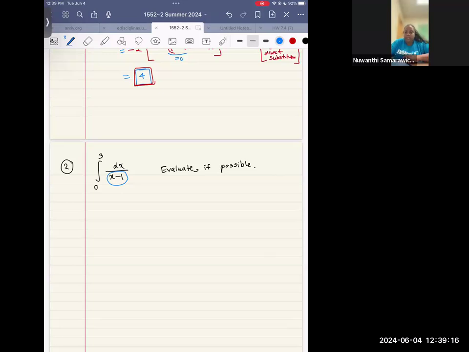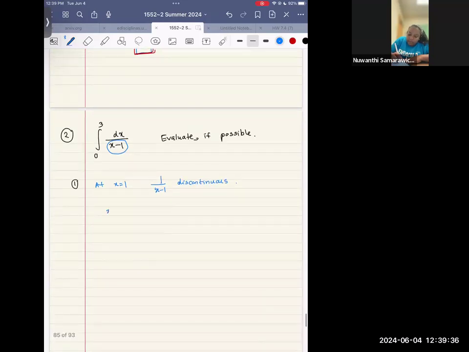So step 1, we find that 1 over x minus 1 is discontinuous at x equal to 1, so x equal to 1 is a vertical asymptote.